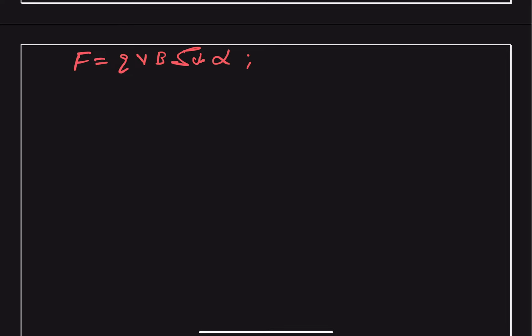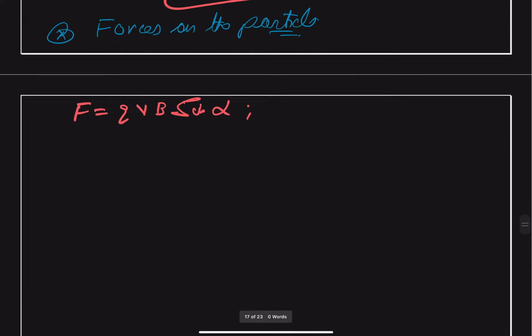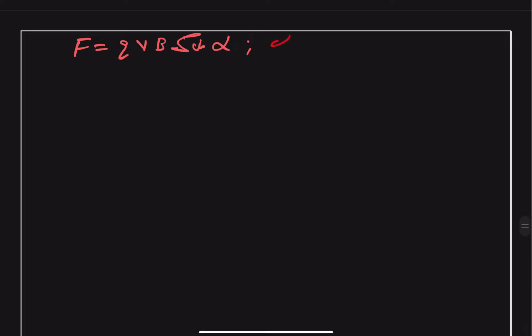Here we assume that alpha is the angle between the velocity and magnetic field. Normally we take theta, but theta is already given in the question. So we say alpha, which is the angle between velocity and magnetic field, and that value will be 90 degrees because they are perpendicular to each other.